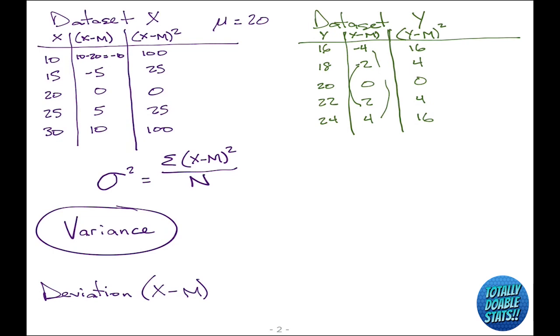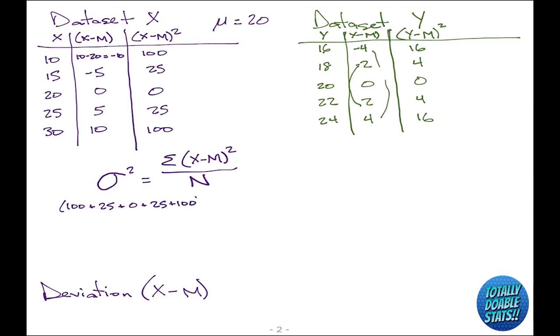And so when I go to figure that out, let me erase that, get that out of the way. If that's my formula, I'm going to have 100 plus 25 plus 0 plus 25 plus 100, all divided by 5, which means I'm going to have a variance of, let's see, 125 plus 125 is 250 over 5.